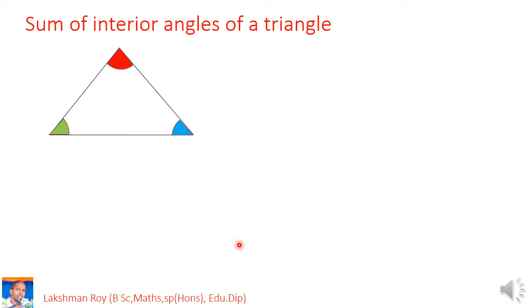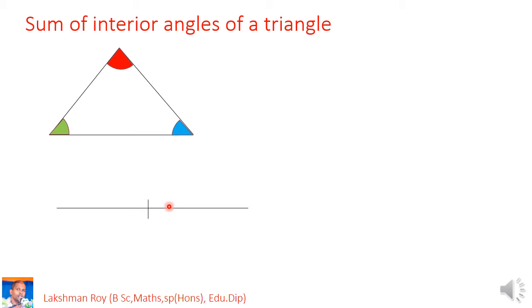You can see here, I'll draw a straight line. Then I mark a point here. Now you know, students, the angle on this straight line, this whole angle, what is the magnitude?